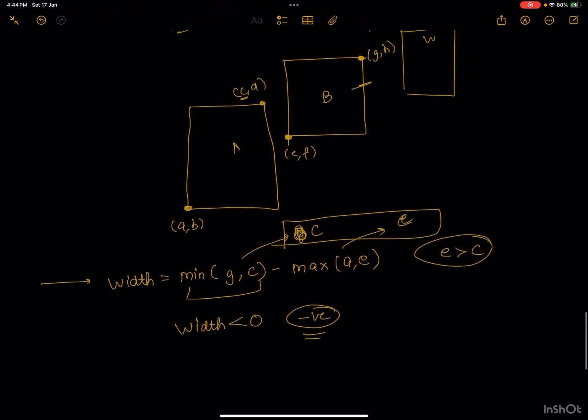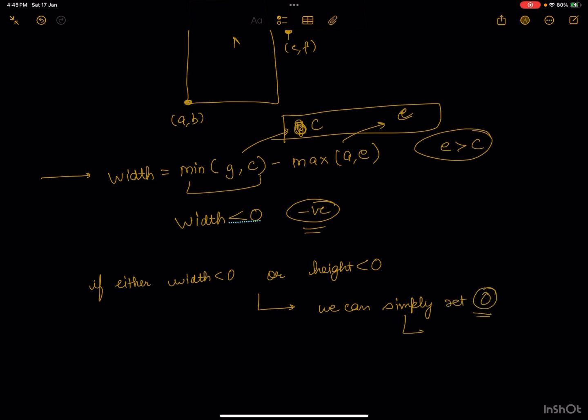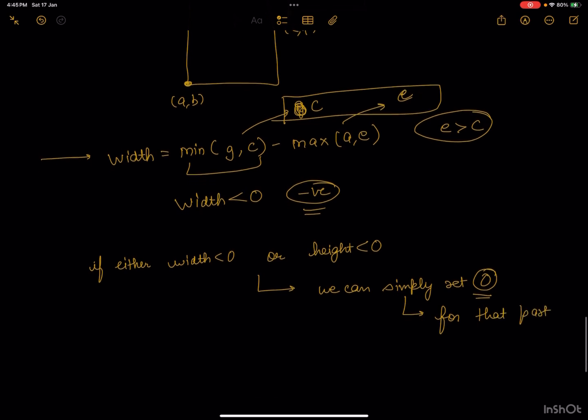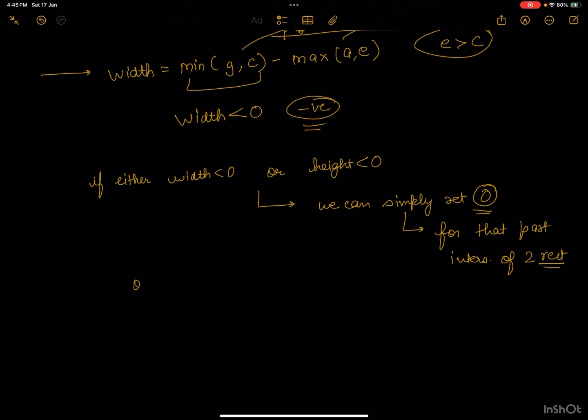So if either width is less than 0, or height is less than 0, in that scenario we can simply return zero for that particular intersection of two rectangles, or we would simply come out of the for loop and reject that particular intersection.